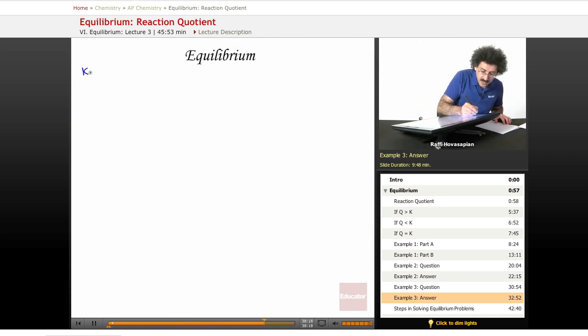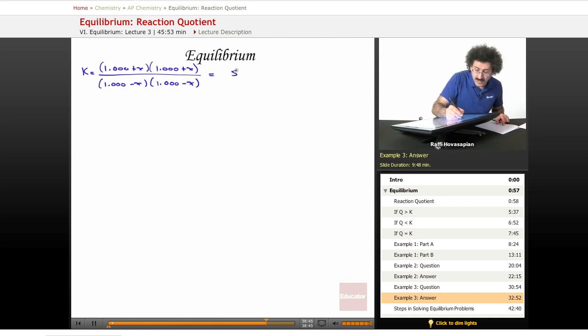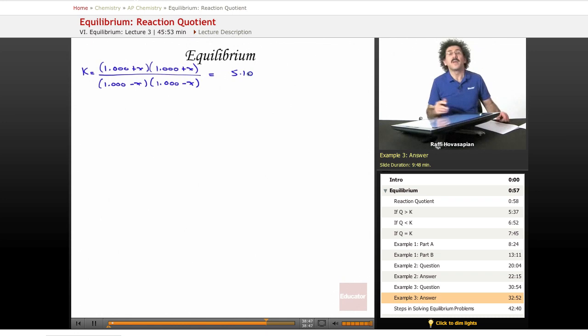So K, which is equal to 1.000 plus X times 1.000 plus X. That's the CO2 and H2 concentrations, divided by the CO and H2O concentrations, which at equilibrium is 1.000 minus X, 1.000 minus X, and we know that that equals 5.10.